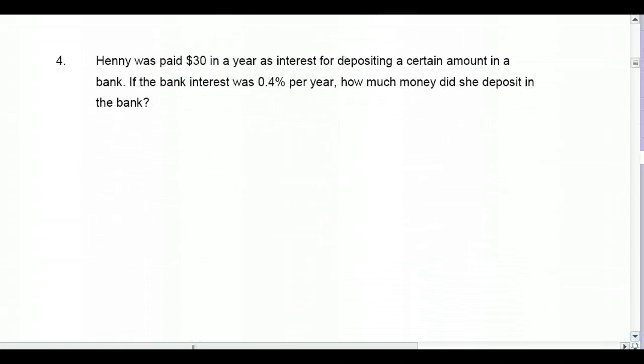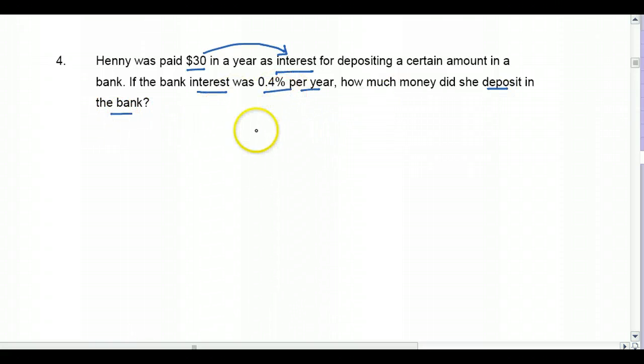Question 4. Henry was paid $30 in a year as interest. So $30 is my interest for depositing a certain amount in a bank. If the bank interest is 0.4% per year, how much did he deposit in the bank?